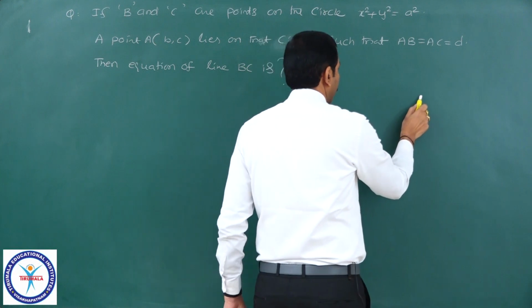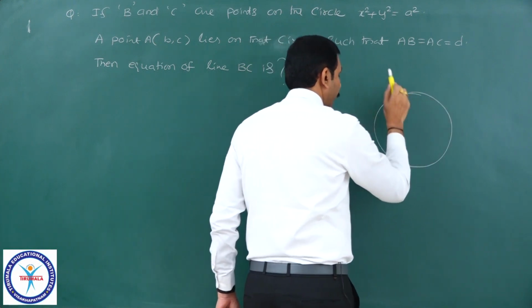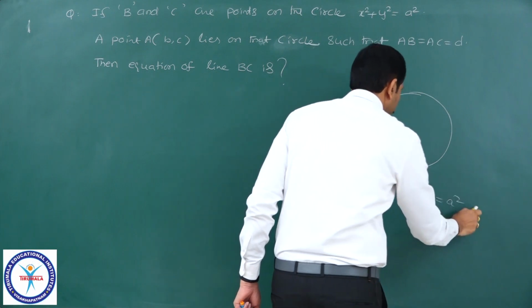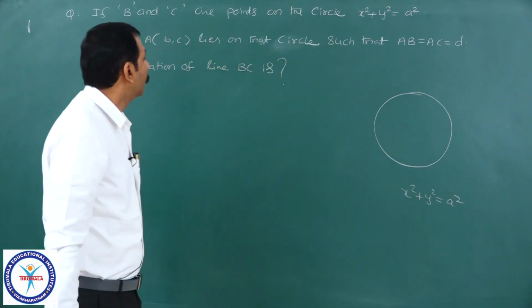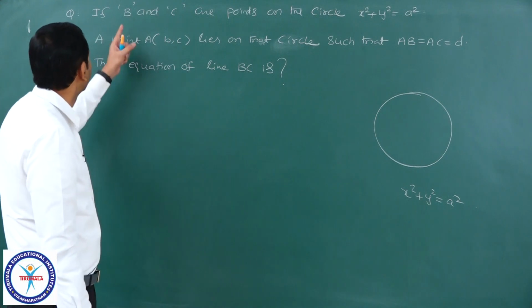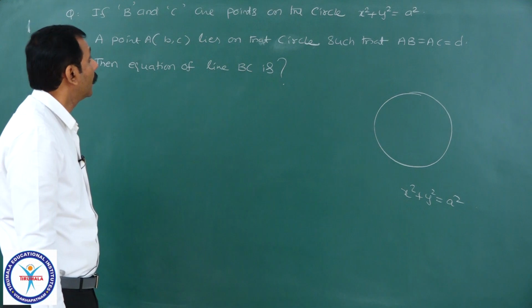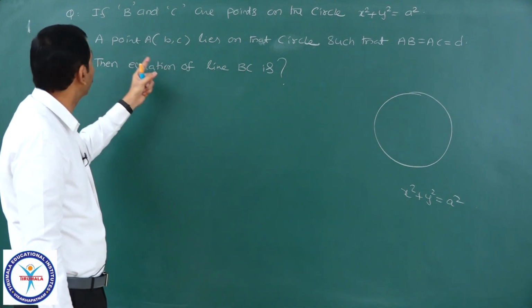I will take the circle x square plus y square equal to a square first. Yes, this is the circle. Observe this. B comma C are 2 points on that circle. How are they located?